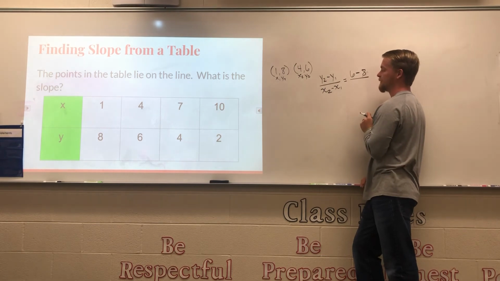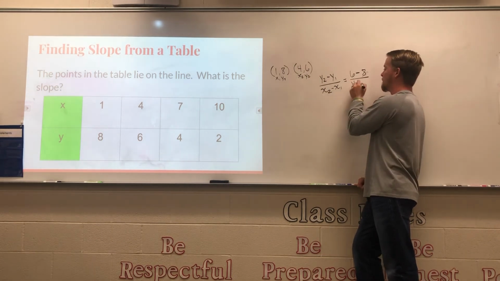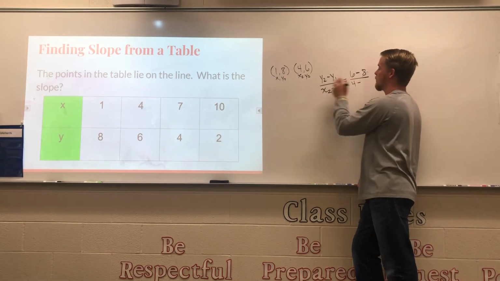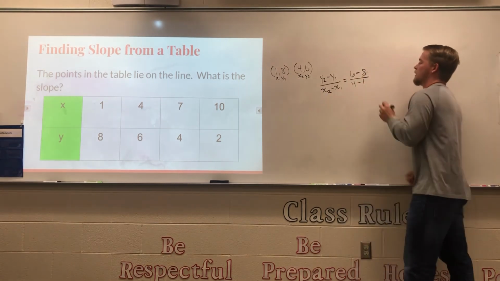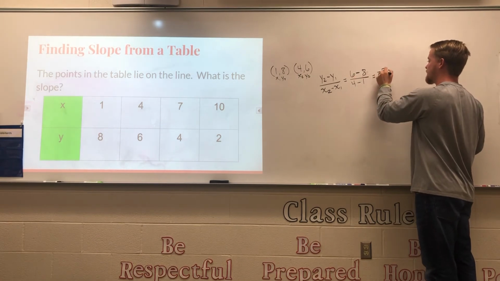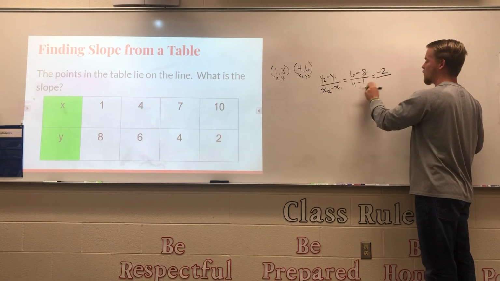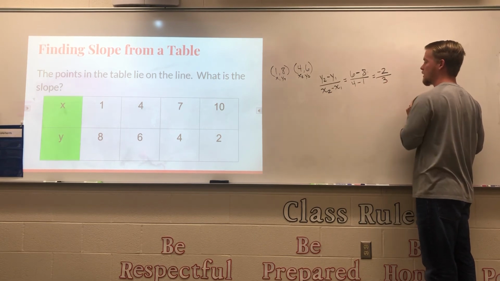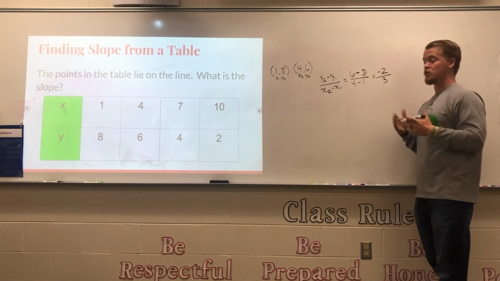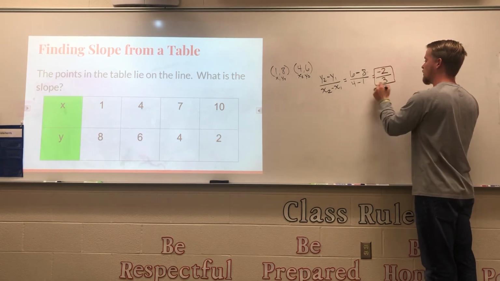Alright, we have the top figured out. Then we plug in the x2, which is 4, minus the x1, which is 1. Then we're just doing the math. 6 minus 8 is negative 2 over 4 minus 1 is 3. And that's it. Once you have that and you see that this fraction cannot reduce, that is your slope.